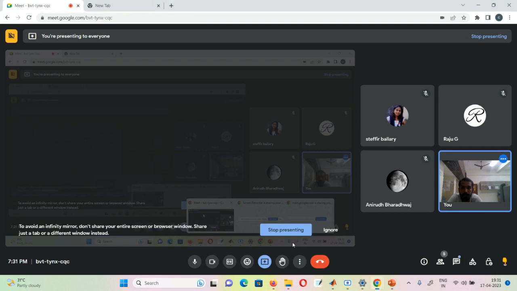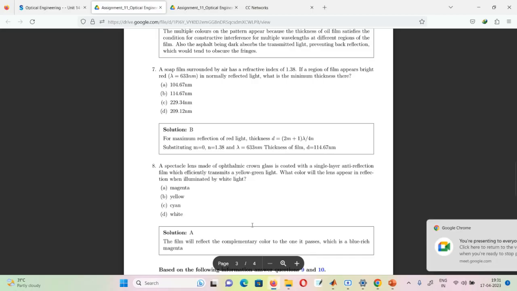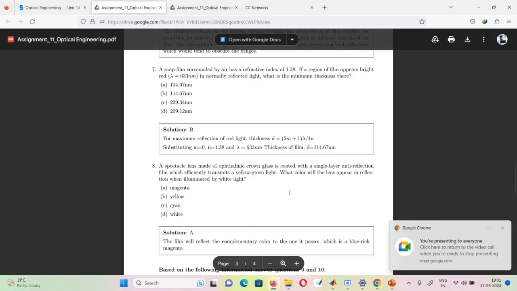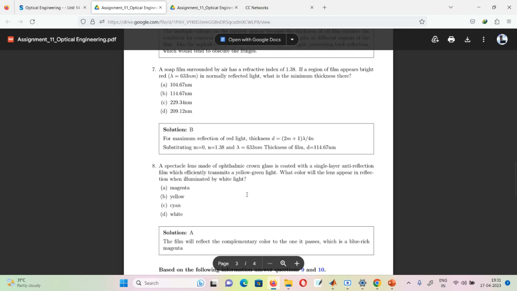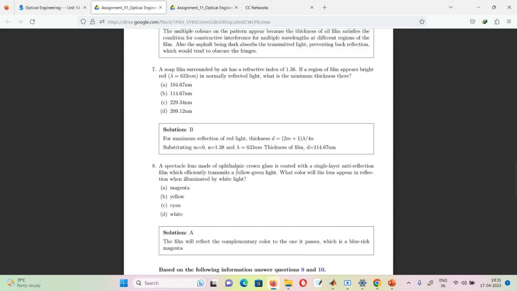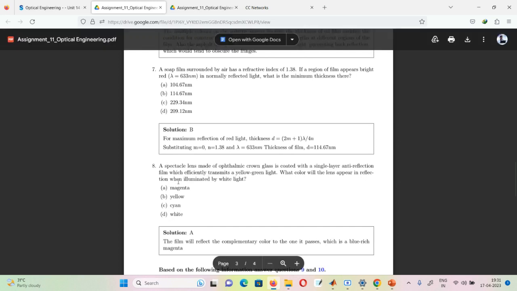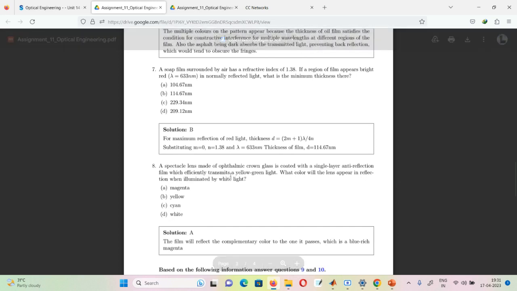Now I'm going to the other question. I think we already discussed this. A spectacle lens made of ophthalmic crown glass is coated with a single layer of anti-reflection film which efficiently transmits yellow green light.